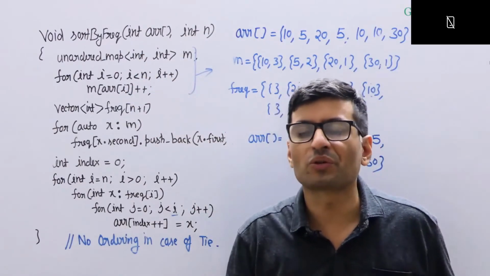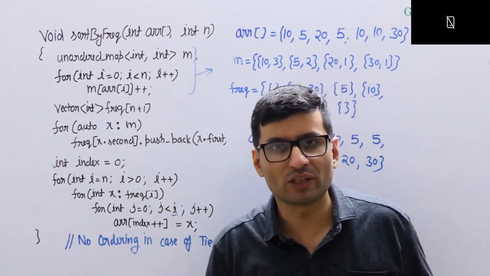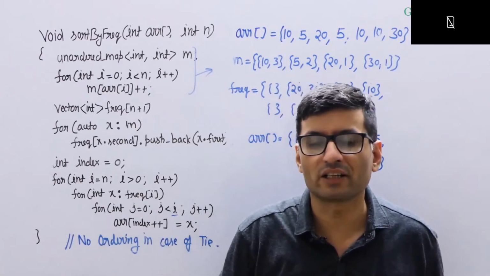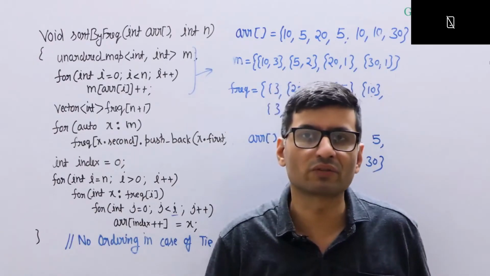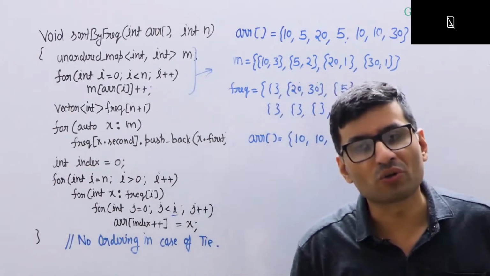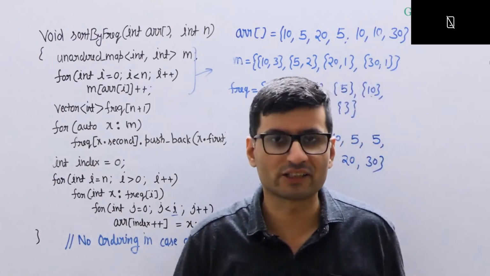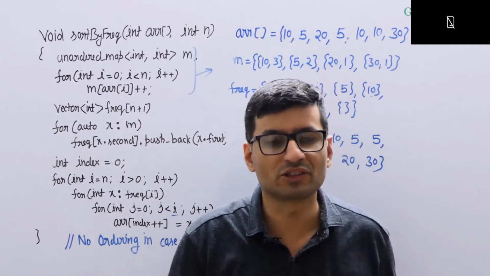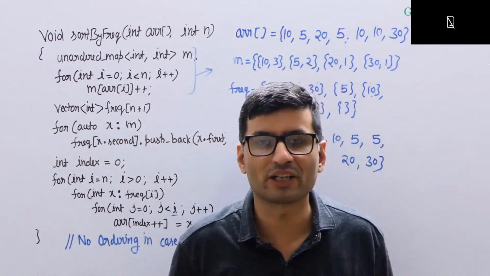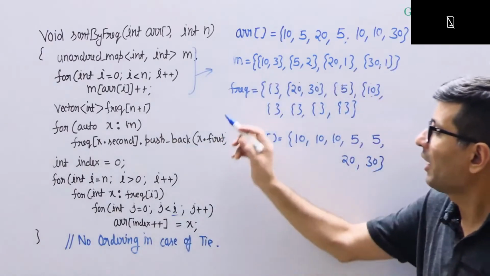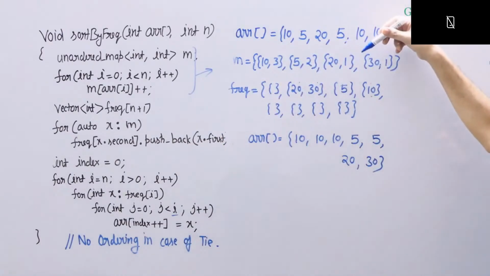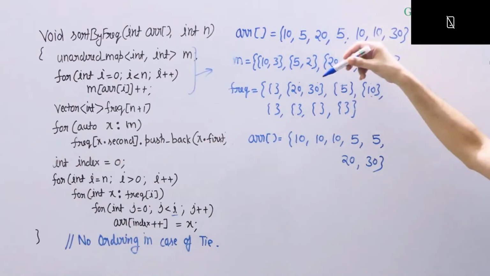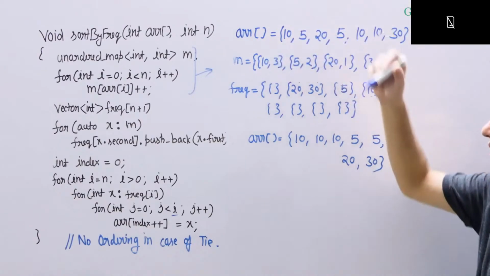Please note that we could create an array of size n as well. Here I have created an array of size n plus 1 for ease of implementation. We are not going to have any entry at index 0 because there would not be any item with 0 frequency, right? It doesn't appear at all. So after building the map, we traverse through this map and we build this array of vectors.